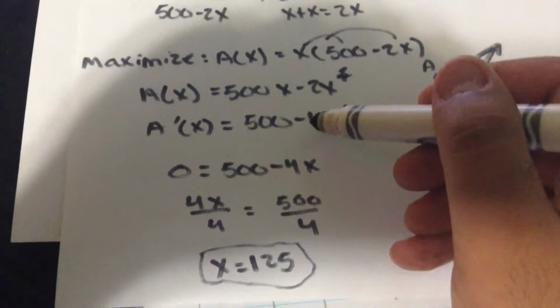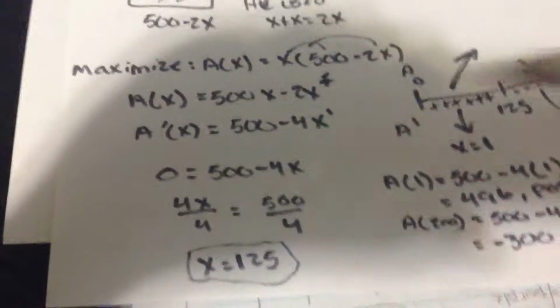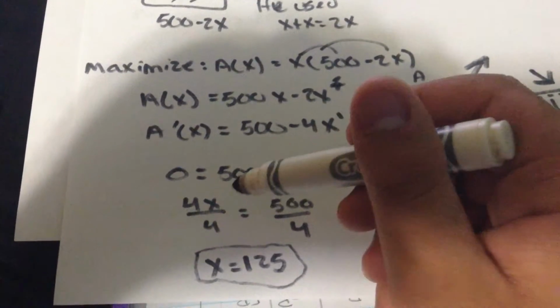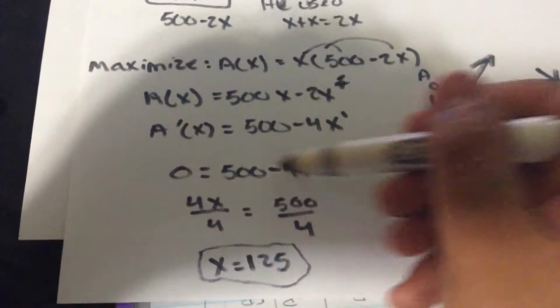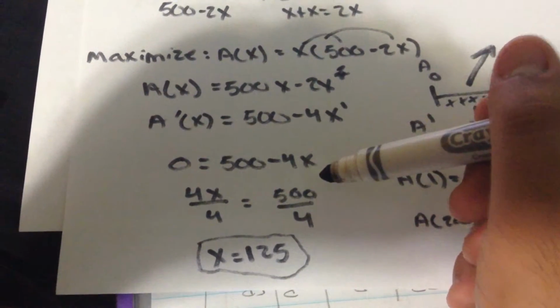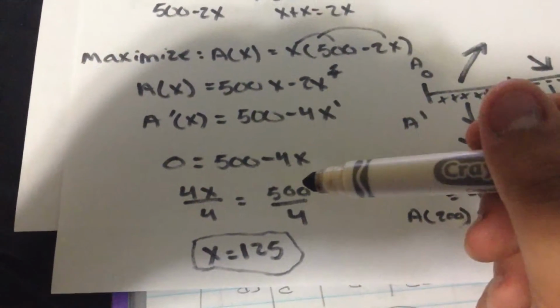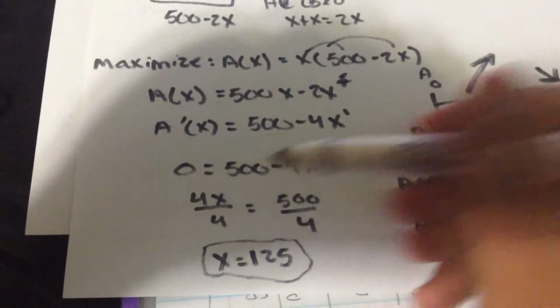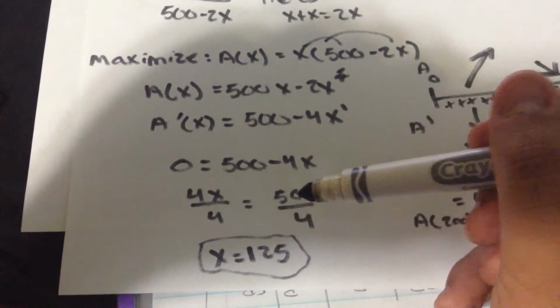And so the next step, set it to 0 to find the critical points. So you find the derivative, set it to 0 here, and you just solve for x.